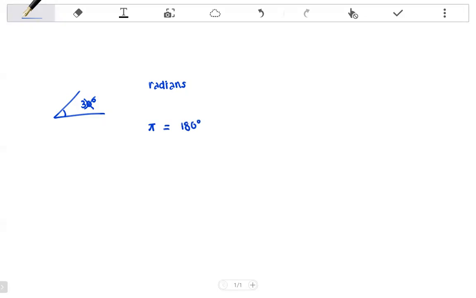It's the same measurement. So if there's an angle that's 60 degrees, then in radian terms this is going to be pi over 3 radians, because it's 1/3 of 180 degrees, right?